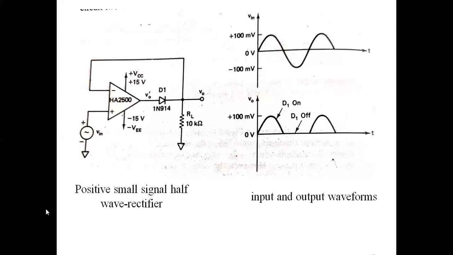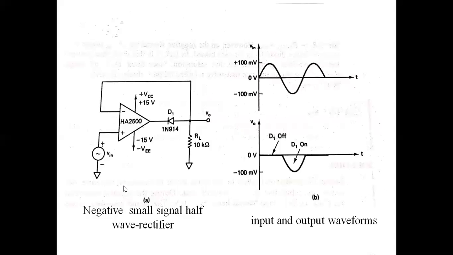This is the positive small signal half wave rectifier. Similarly, we can study the negative small signal half wave rectifier. This is the circuit for it. Just observe that the diode is connected in the opposite direction, so the polarity of the diode is reversed.